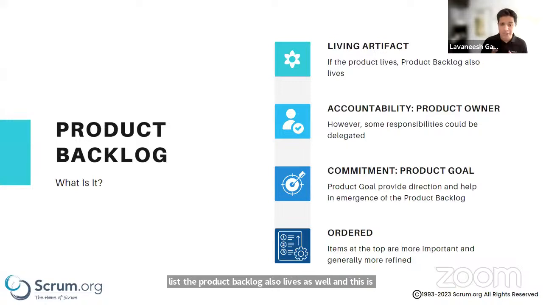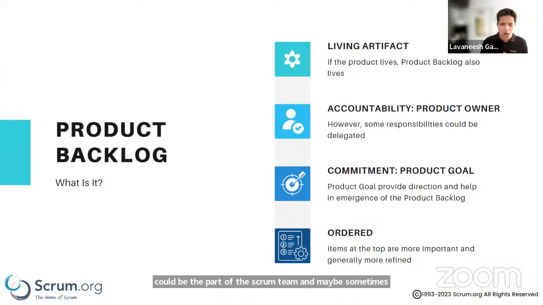And who is accountable for the product backlog? According to the Scrum Guide, the Product Owner, who is a sole person, is accountable for the product backlog. However, they can sometimes delegate those responsibilities to other people as well. Those people could be part of the Scrum Team, and maybe sometimes outside the Scrum Team as well.